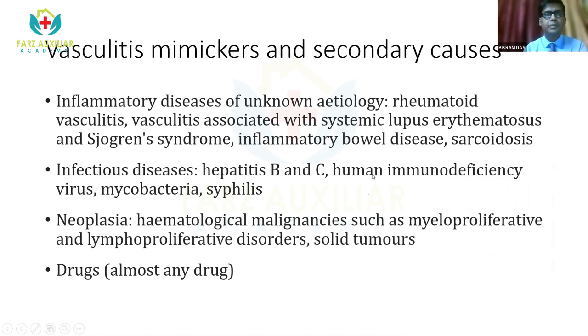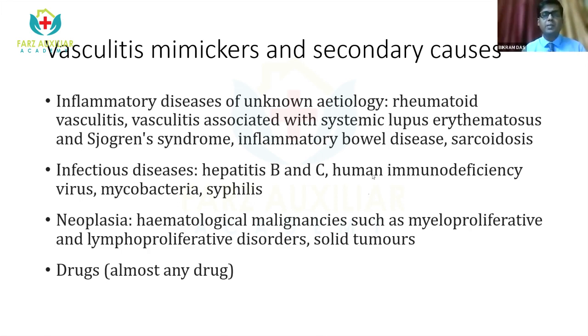So what are the vasculitis mimickers and the secondary causes? Inflammatory diseases of unknown etiology like rheumatoid vasculitis, vasculitis associated with systemic lupus erythematosus or Sjogren's syndrome can also mimic vasculitis. Some infections like hepatitis B, C, HIV, mycobacteria, and syphilis can also present like this, or as we saw in the case of infective endocarditis, a similar kind of presentation can come.